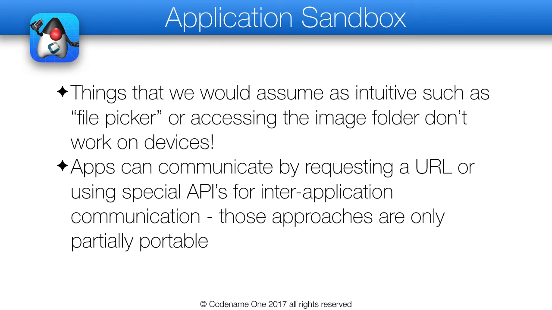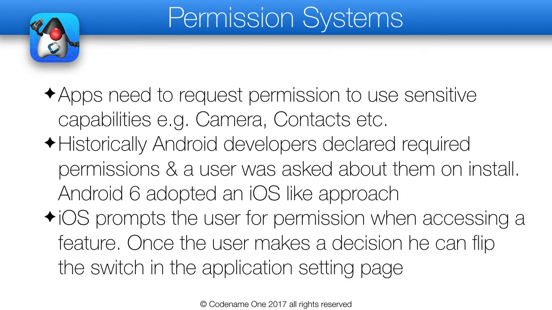So for instance, you can just use a URL to open a different application. That works in iOS and in Android, and often is reasonably portable in some cases. And you can do a lot of things with those sort of APIs. And as I mentioned, the permission system allows you to request abilities and essentially get them.